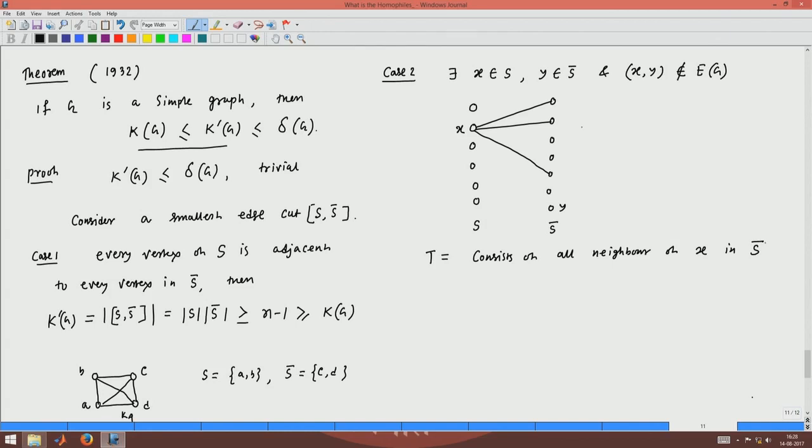It could be possible that from x you come to this vertex, and then there is a path from here to y. That possibility we have removed now, because we are including all these vertices in the set T, and finally, we want to remove the vertices in T from the graph.